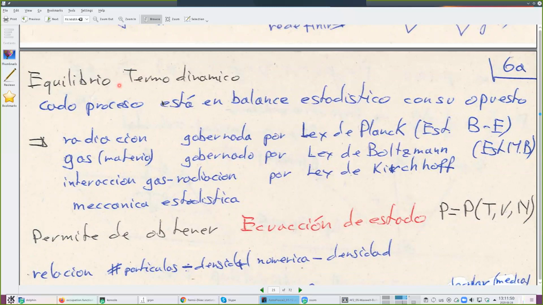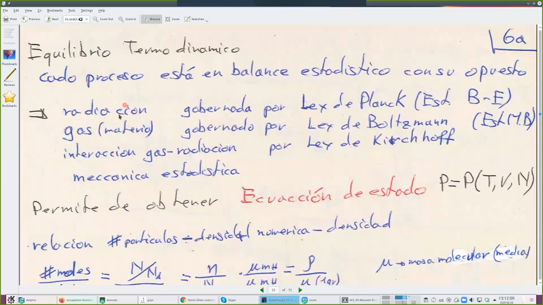The thermodynamic equilibrium is where each process is balanced statistically with its inverse. So we have radiation, ruled by the Planck law, that is the Bose-Einstein statistic.